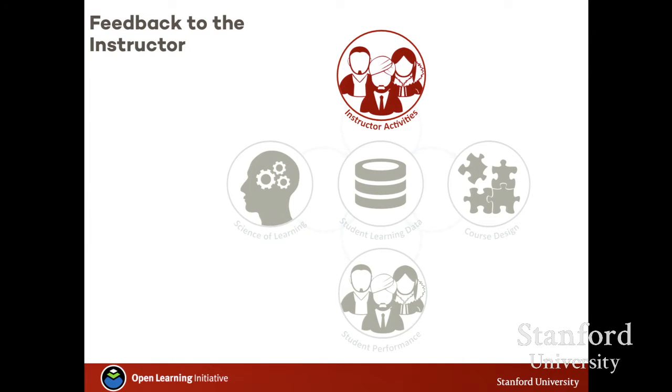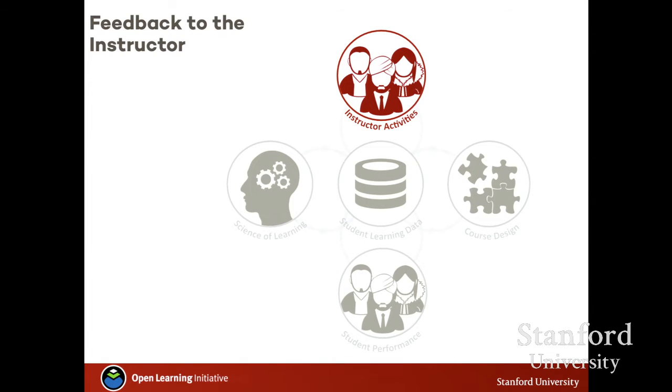So if a learner is interacting with well-designed learning activities, and we're collecting the data from the students' interactions, then we can model that data to give the instructor insight into where their students are. So the instructor can use that information to plan their class time. Does that make sense?